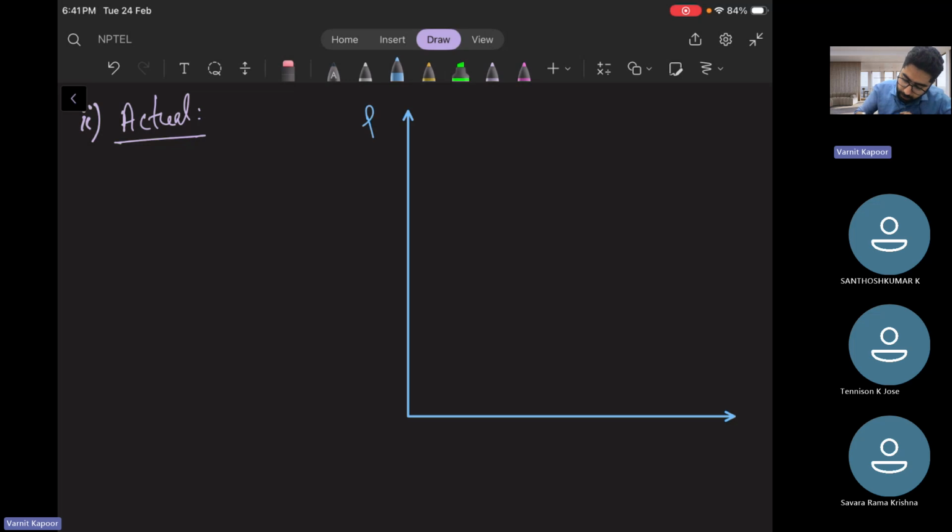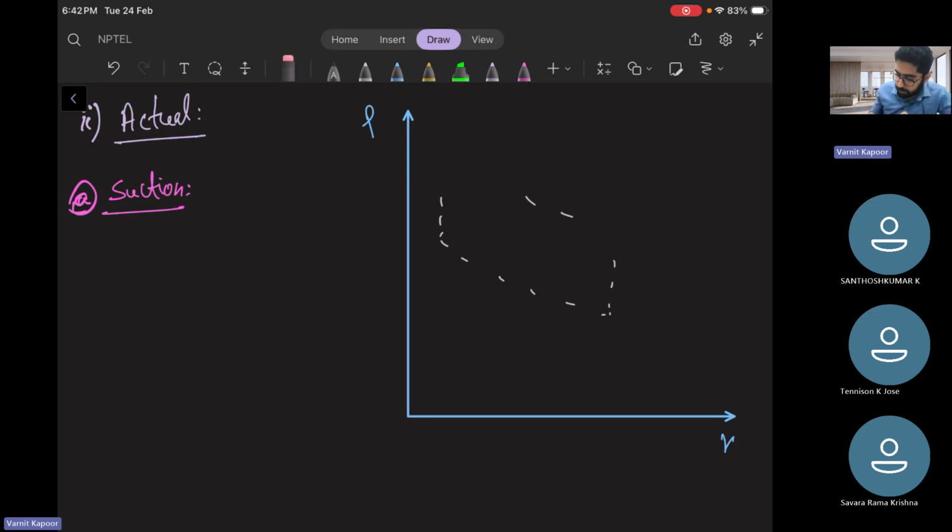So this is your pressure volume plot. First process, suction process. Let me first draw the ideal cycle in a dotted format, from which we will take a reference and draw our actual cycle.